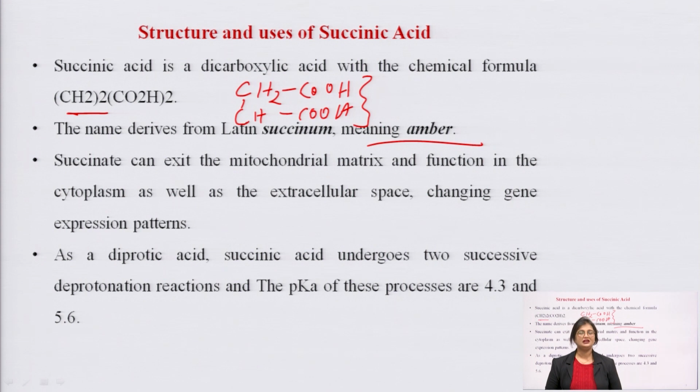I shall repeat again. Since it contains 2 carboxylic acid groups, it is considered a diprotic acid, and it undergoes 2 successive deprotonation reactions, that is, removal of hydrogen. The pKa values are 4.3 and 5.6.